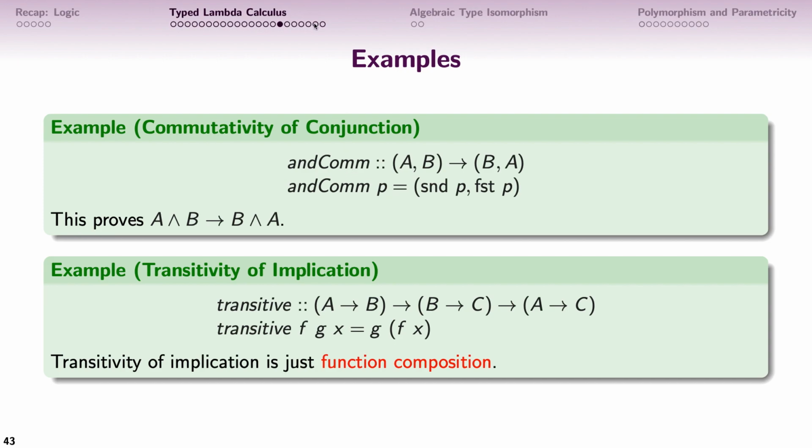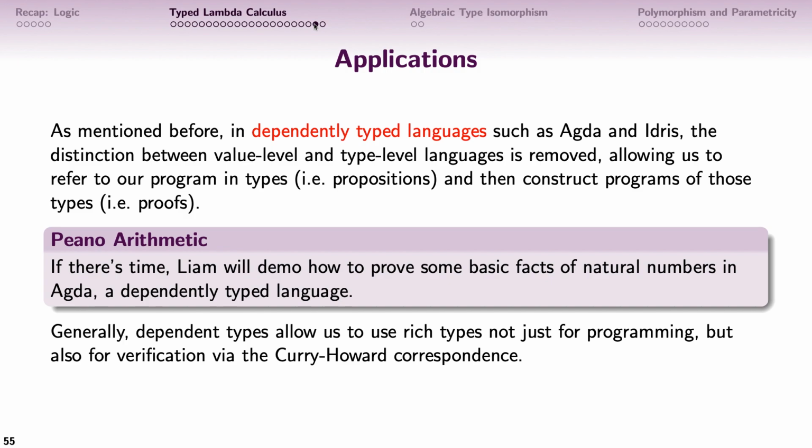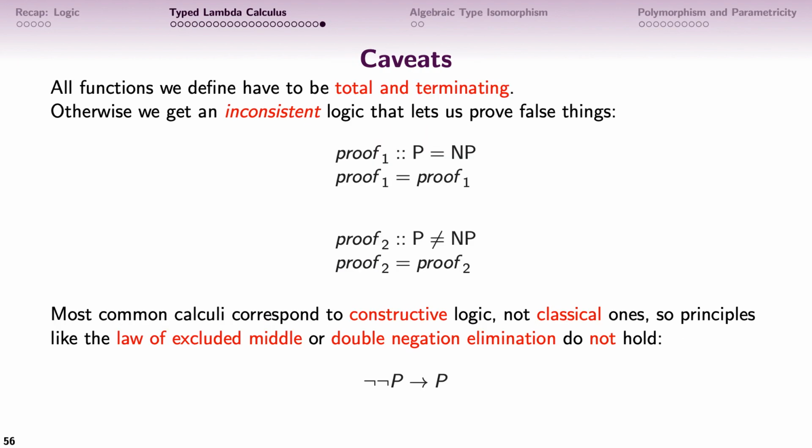The other big caveat is that all of the functions that we define here have to be total, right? So we can't have any partial functions, and a non-terminating function is also not total. So total is sufficient, but to be clear, they have to terminate and they have to be total.